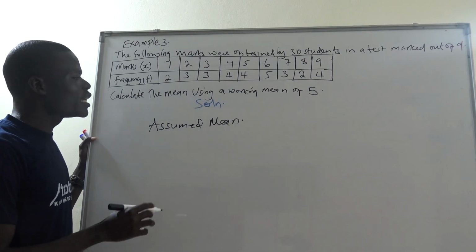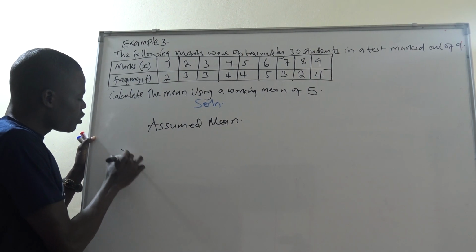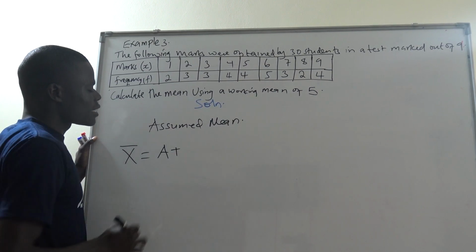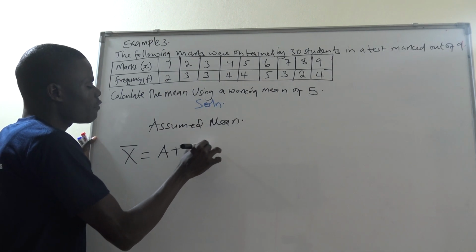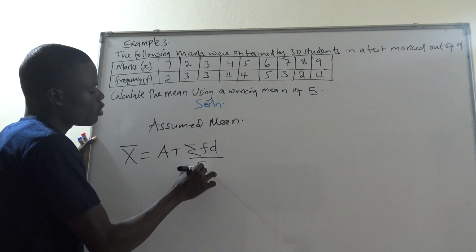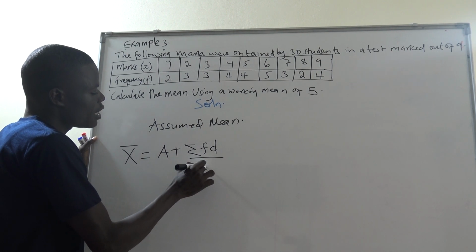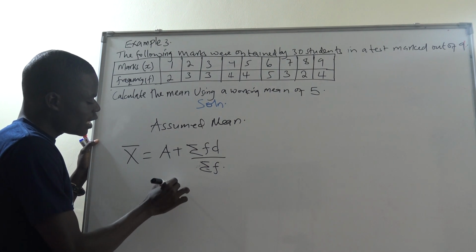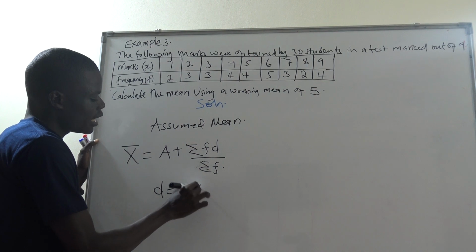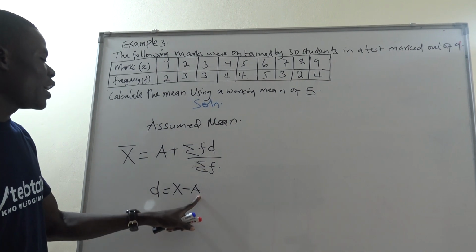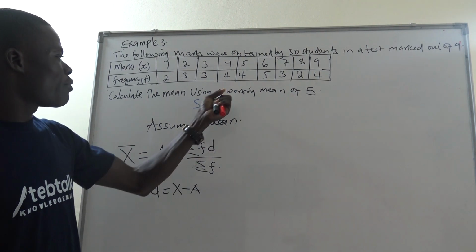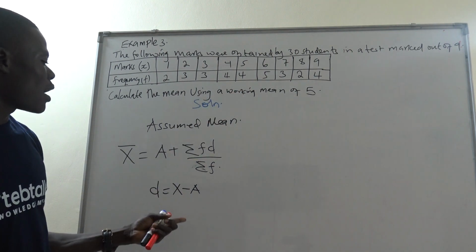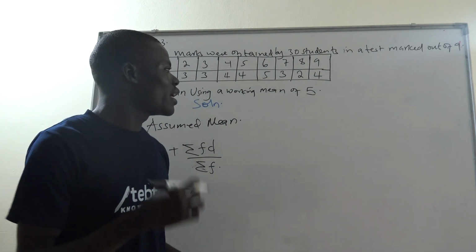And we said when you are calculating mean using assumed mean, the mean, which we denoted x bar, is given by the assumed mean plus summation of fd over summation of f. And we said our d is given by x, the variable, minus a, where a is the assumed mean. In this case they have not used the word assumed mean, but the word working mean. So don't be confused. Assumed mean and working mean are all the same.